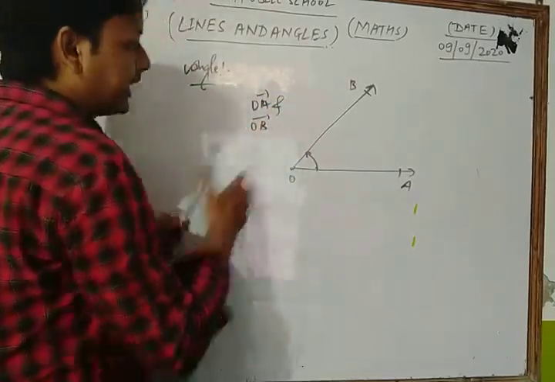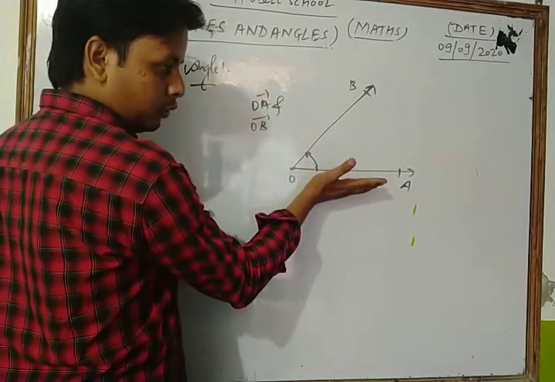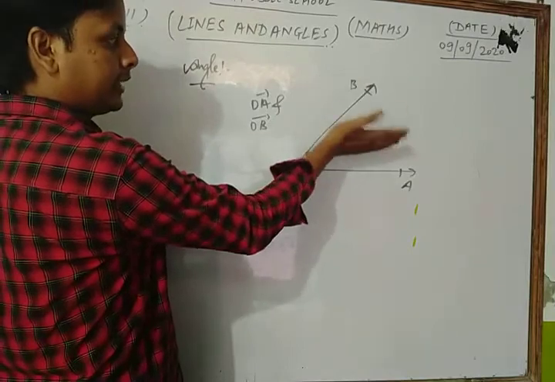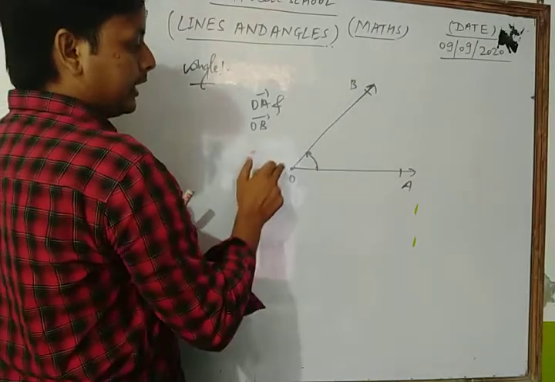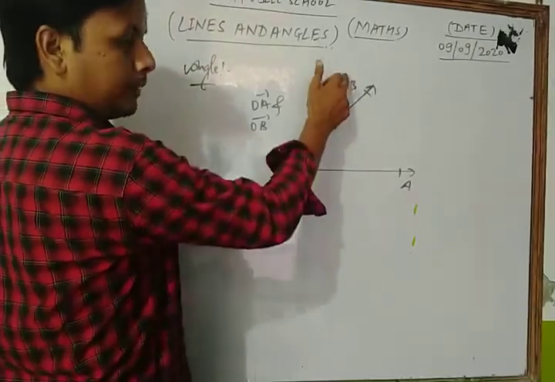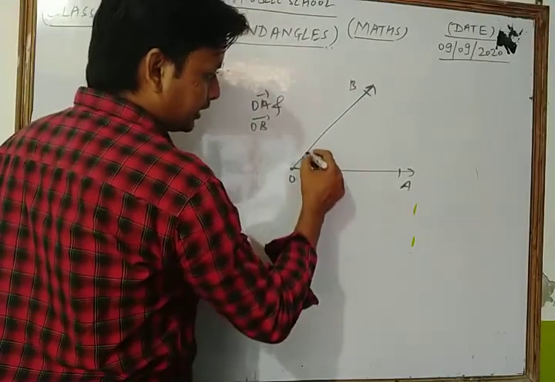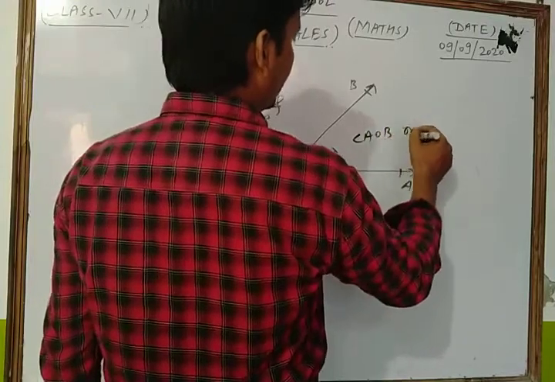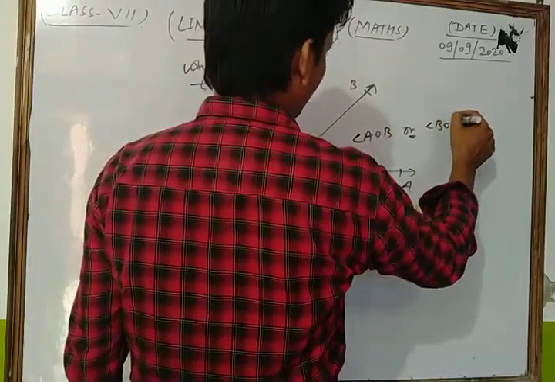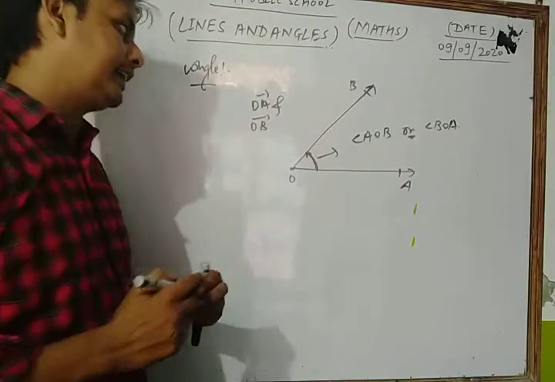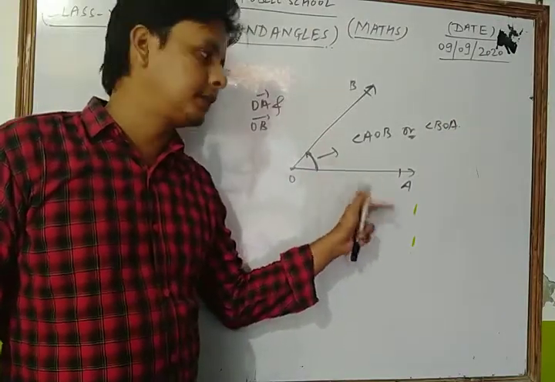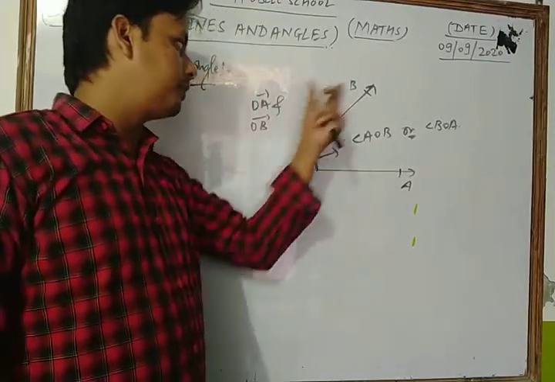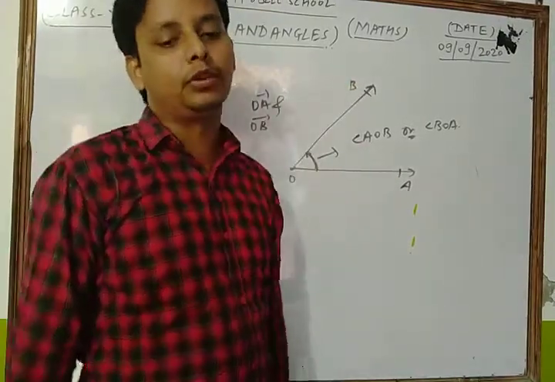OA is the initial position, and when the ray rotates anti-clockwise and reaches that point, its final position is OB. That measure of rotation is the angle AOB, or you can say angle BOA. So two rays form an angle AOB or BOA. This is the concept of angle.